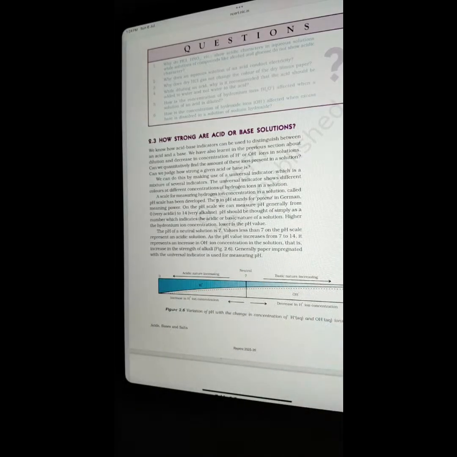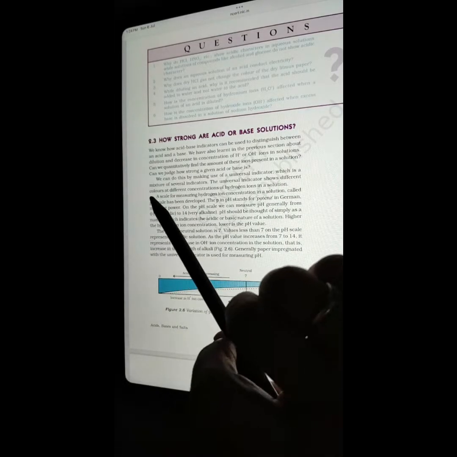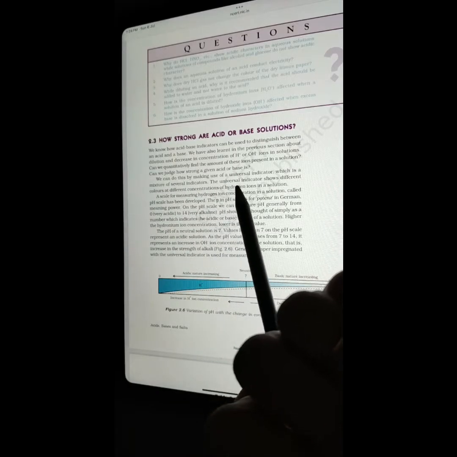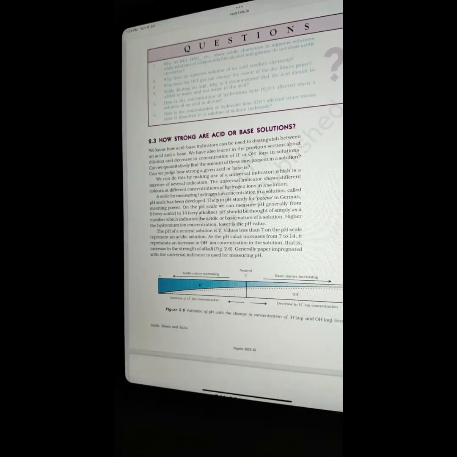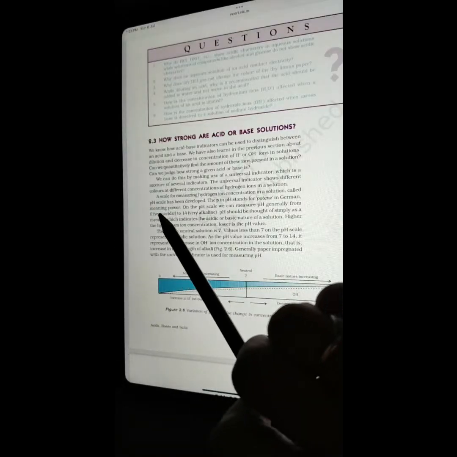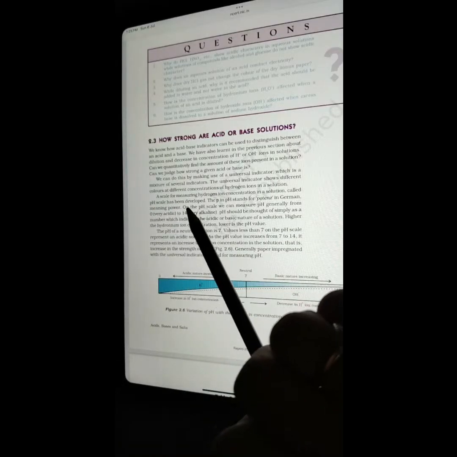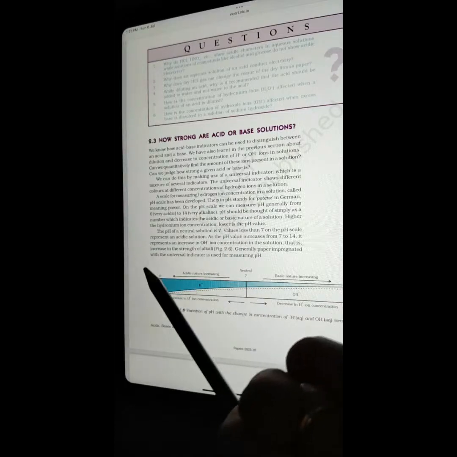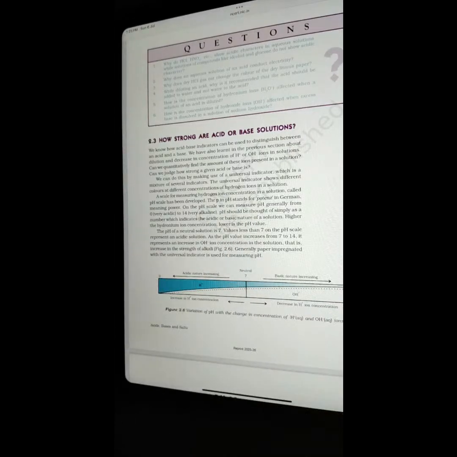Can we judge how strong a given acid or base is? We can do this by making use of a universal indicator, which is a mixture of several indicators. The universal indicator shows different colors at different concentrations of hydrogen ions in a solution. A scale for measuring hydrogen ion concentration in a solution, called the pH scale, has been developed.